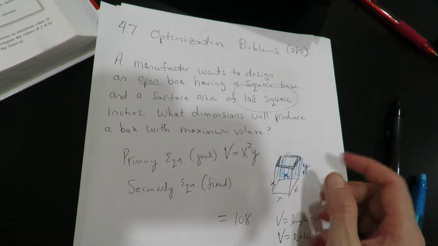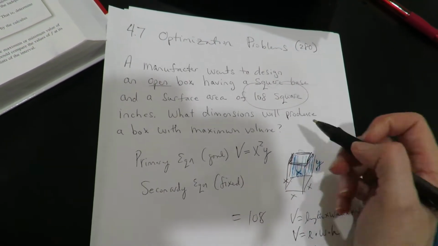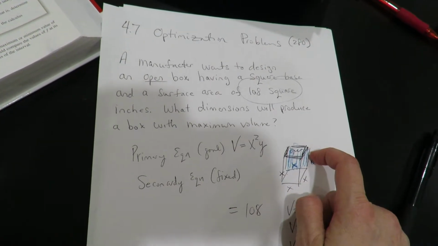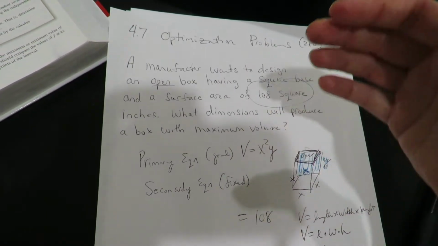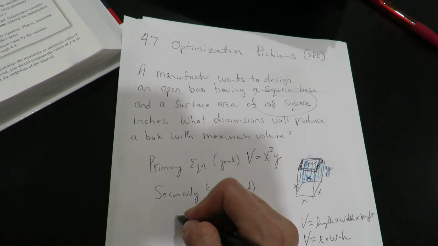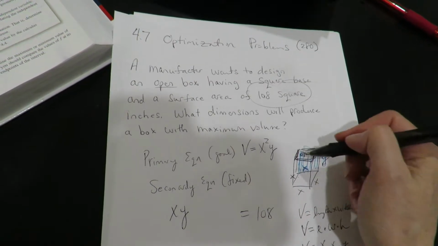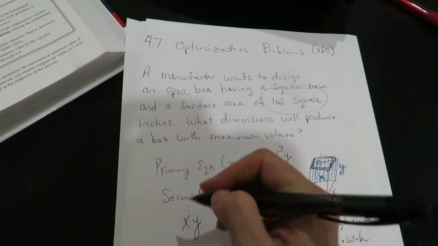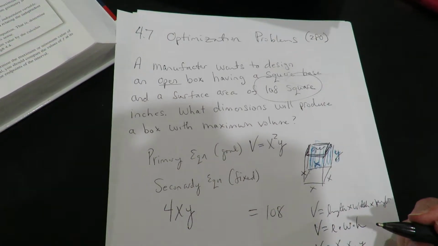The box actually has 5 sides. It's open on the top. But in terms of the one that's an XY dimension, you have 4 of them. You have a front, a back, a left, and a right. So the dimension of one of these is XY, but you have 4 of these going around.